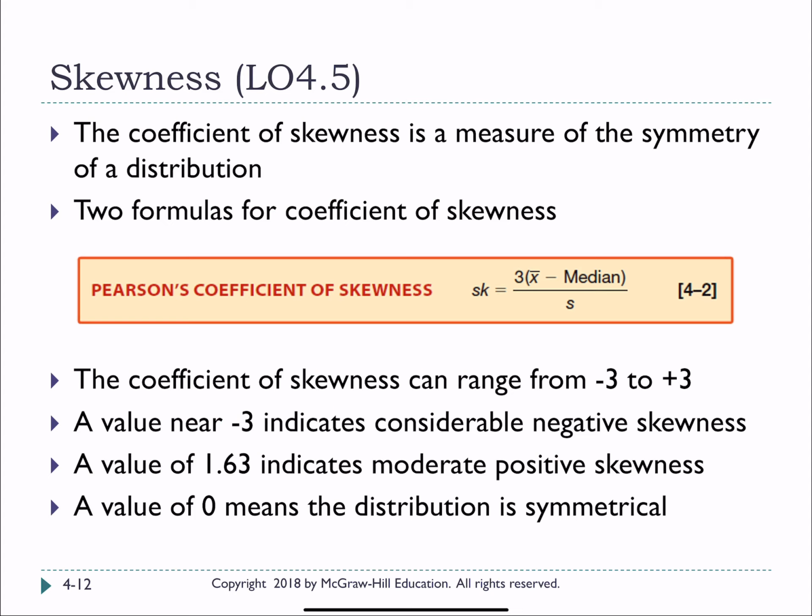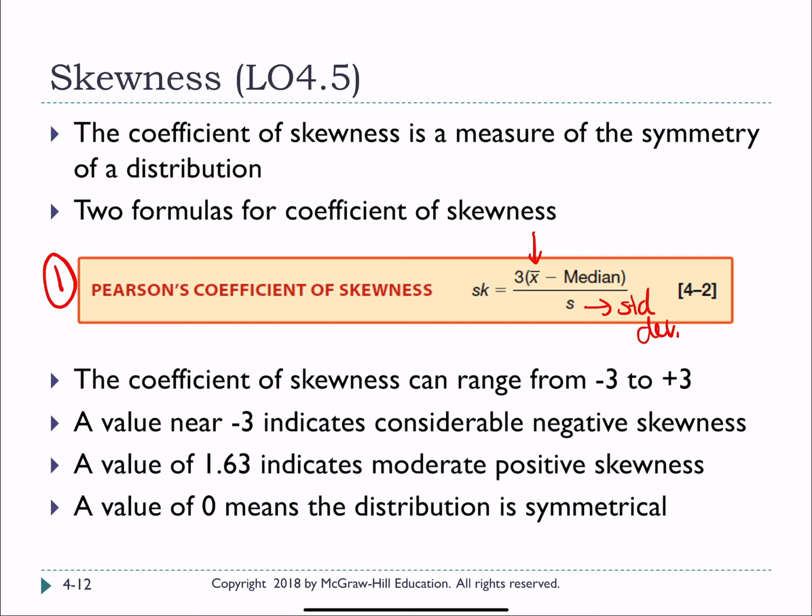And so this is the first formula that we'll use, and it's called Pearson's coefficient of skewness. So we say SK equals 3 times the difference between the sample mean, remember that's X bar from the last chapter, minus the median, divided by S, where S is our standard deviation.